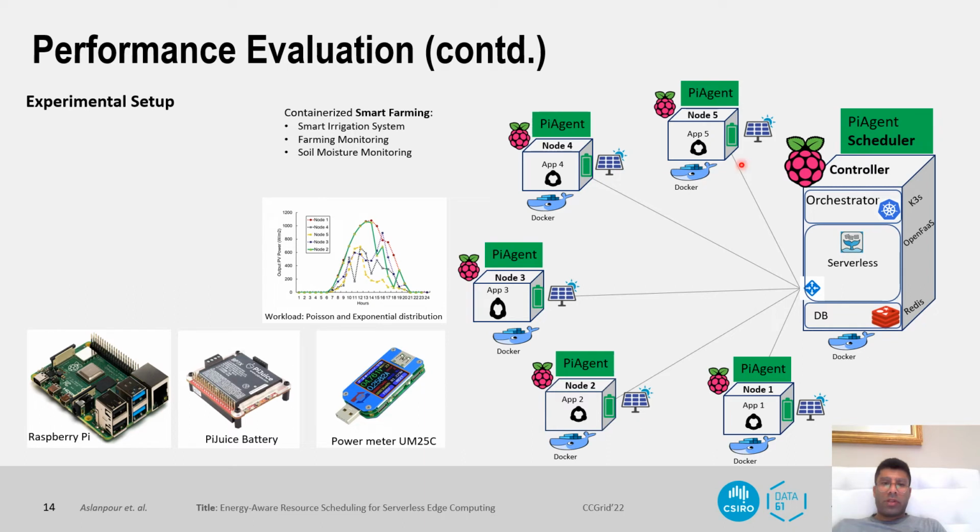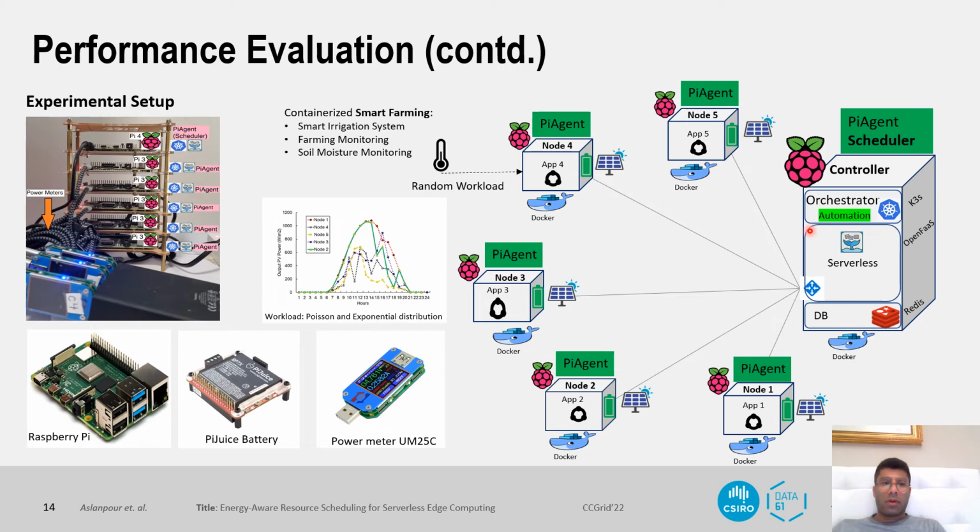For this evaluation, we containerized a smart farming application that consists of three microservices: smart irrigation system, farming monitoring, and soil moisture monitoring. We produce random workloads on each node with different rates, and the whole process is automated using Helm charts.